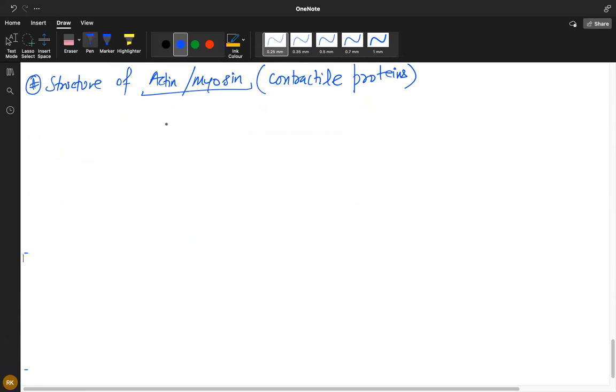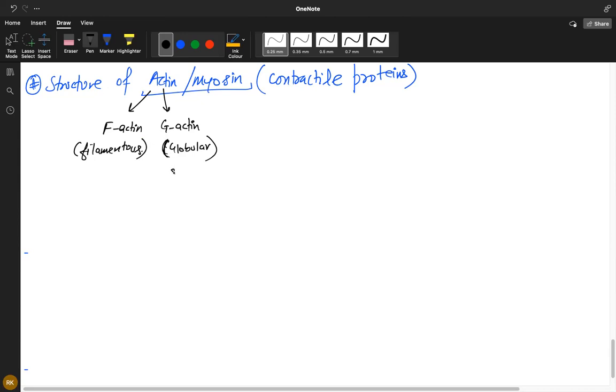Now there are two types of actin. One is called F-actin. Basically, the protein is the same, but one is F-actin and one is G-actin. This is not in your NCERT, but just know F means filamentous. It is like a rope, a long chain. G is globular. These are monomers, single units.